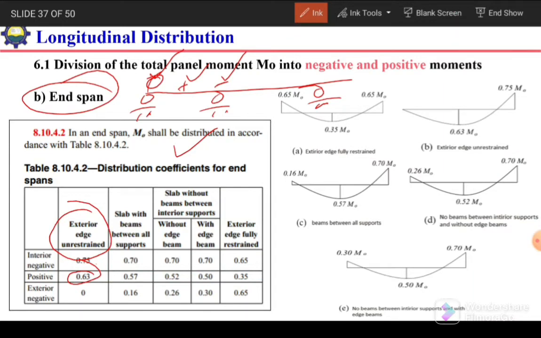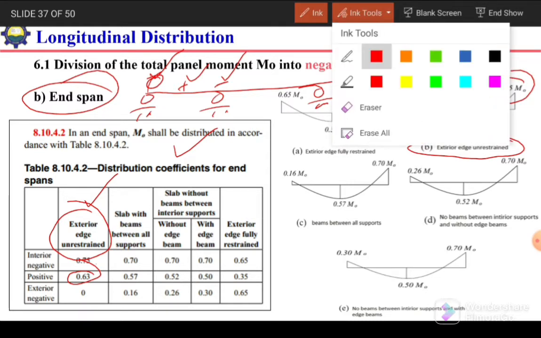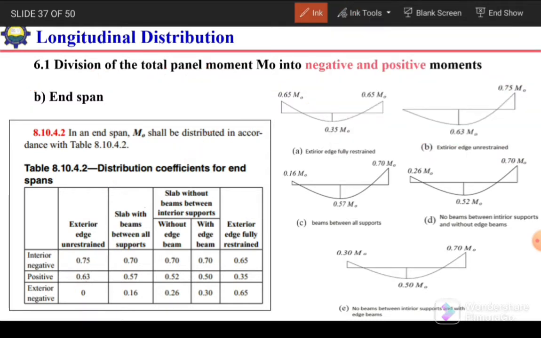So here the pictures are drawn. This is a similar case to that of column 1. Exterior edge unrestrained. Here the bending moment is 0, here 0.63 M0 and here it is 0.75 M0. And the second column is for slab with beams between all supports.